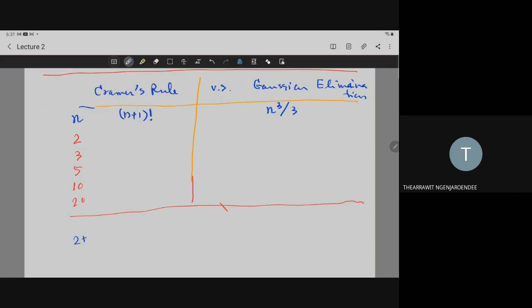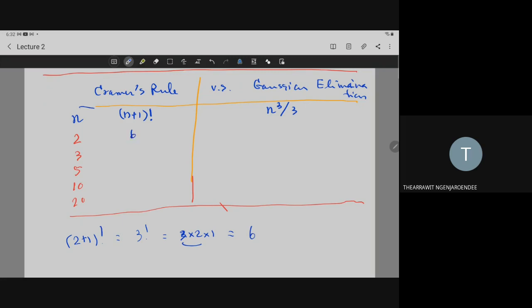So 2 plus 1 factorial is 3 factorial, which is 3 times 2 times 1, no? Okay. So what do we get? We get 6, 8? No. We get 6. Okay. So this is 6.